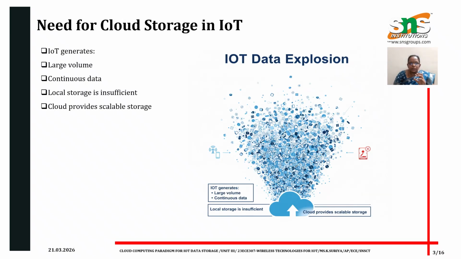So first, we need to understand why cloud storage is needed in IoT. So in real-world applications, IoT devices generate a massive volume of data continuously. For example, say a smart city system may collect the traffic data, pollution levels, and energy consumption data every second.